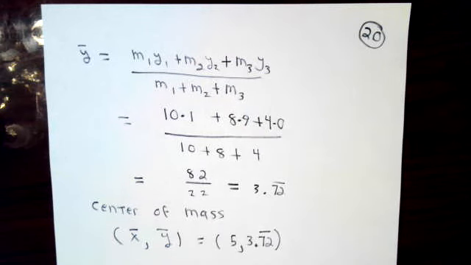Do the arithmetic, it turns out that y bar is 3.72 repeating. The center of mass, x bar, y bar, is 5, 3.72 repeating. If you glued these 3 masses to a very lightweight piece of balsa wood or something, this is the point where the thing would balance.